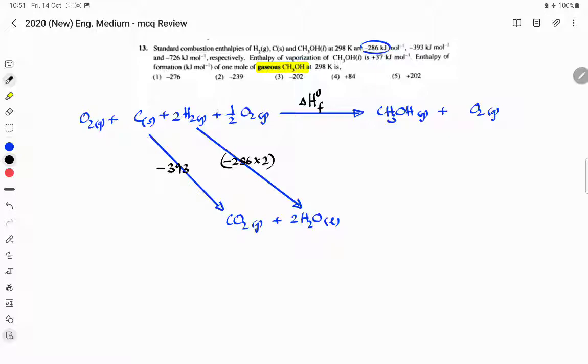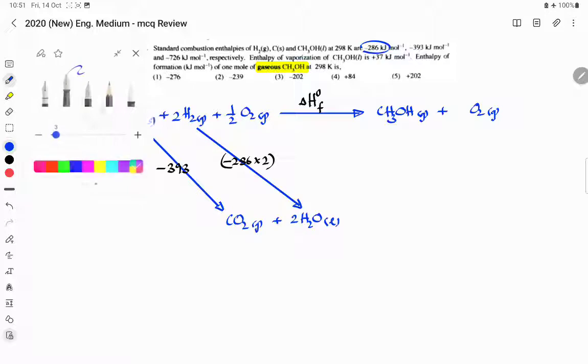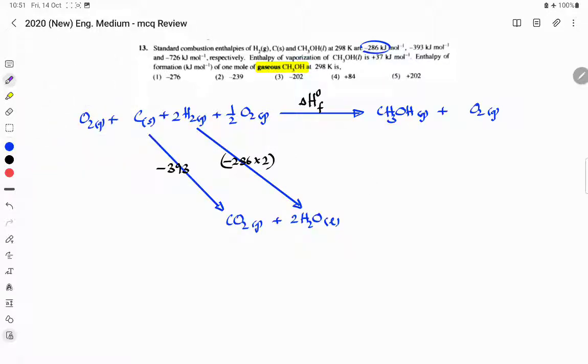And they have given the combustion of methanol liquid. So it's not the gas they have given, so we have to write CH3OH liquid plus O2. We didn't balance it. Let's try to balance that. The carbon amount is balanced, hydrogen amount is balanced. Now the oxygen amount is 4 here, so we have to make the oxygen 4 here.